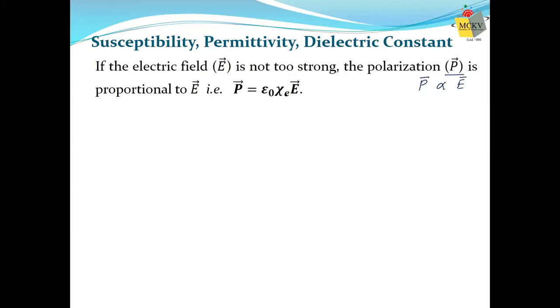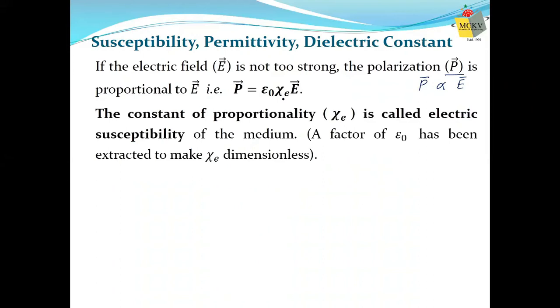Now you observe here, instead of a single constant, I have written two constants, epsilon naught and chi. Epsilon naught is known to you, that is the free space permittivity. In electrostatics, whenever the electric field comes, this free space permittivity is also available. But why, instead of writing a single constant, am I writing two constants here? Because we want to make this new quantity, chi e, dimensionless.